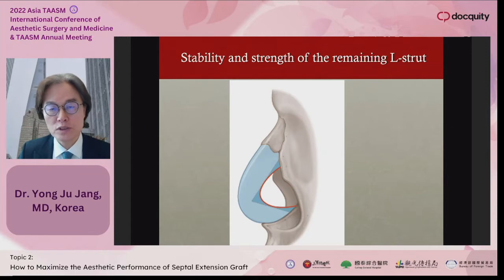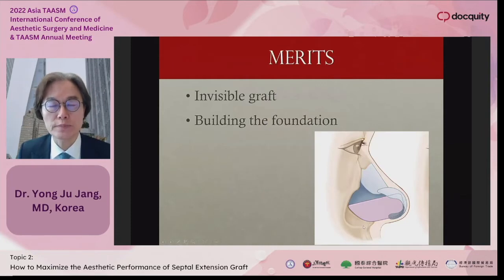Untouched septum is the best, but oftentimes we place the septal extension graft on the resected septum, which means on the L-strut. So it's better to have a quite stable and strong remaining L-strut on which we place the septal extension graft. This is an important concept.